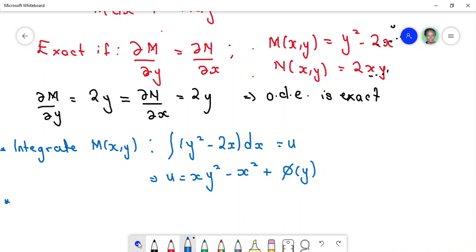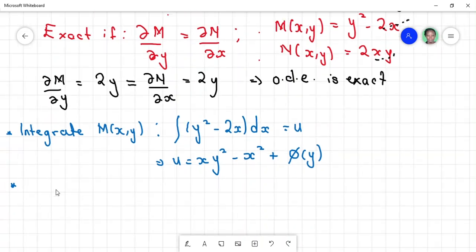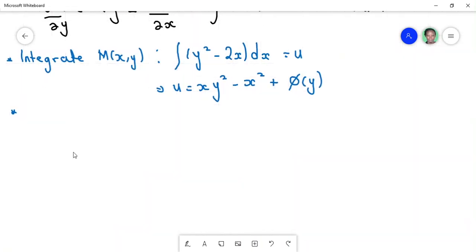Then the next step is differentiating the function I have. So I differentiate u with respect to y.